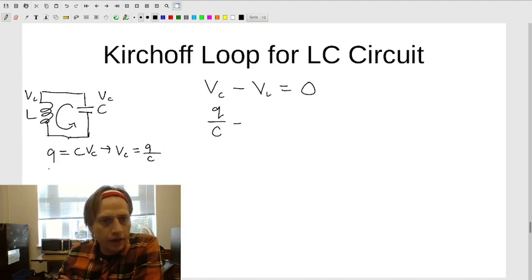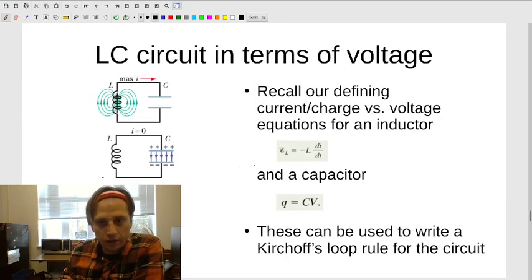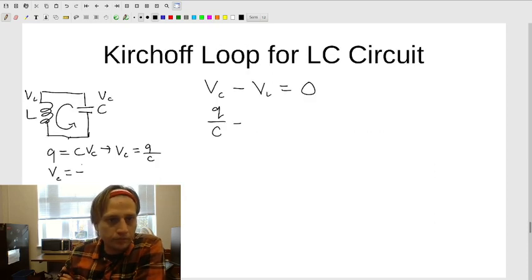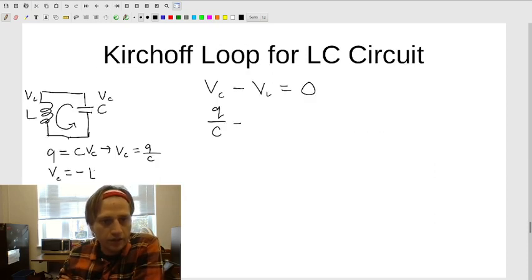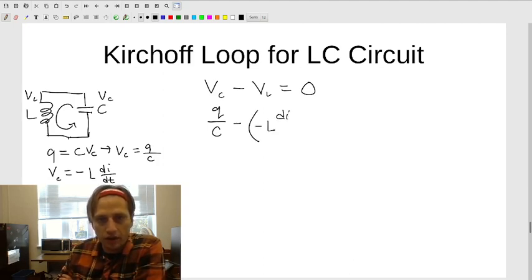It's minus L di dt. Minus L, that's the inductance of the inductor, di dt. So that's telling us how the current is changing at any given moment. So I have here minus L di dt.